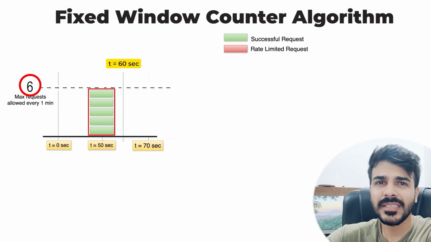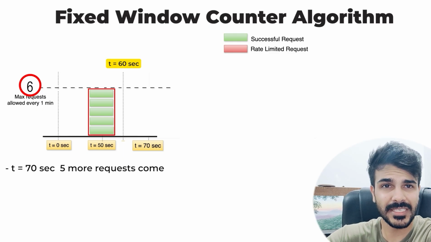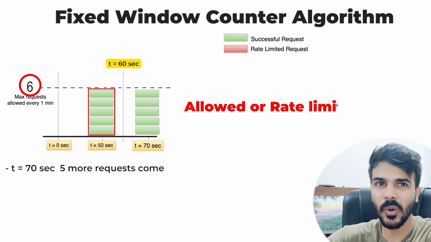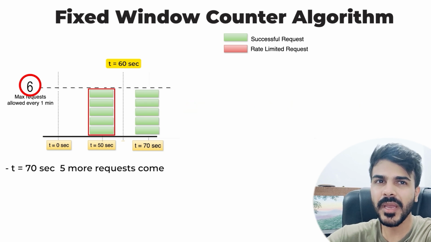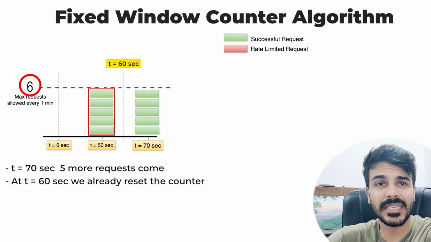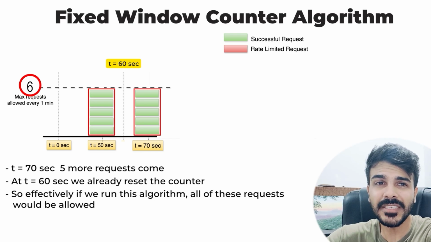Now, let's say that at t equal to 70 seconds, just after our window resets at t equal to 60, our system receives 5 more requests. Now, would they be allowed or would they be rate limited? They would be allowed by this algorithm because in our second window, where we have already reset the counter, we just have 5 requests and 5 is less than the limit of 6. So effectively, if we run this algorithm, all of these requests would be allowed.